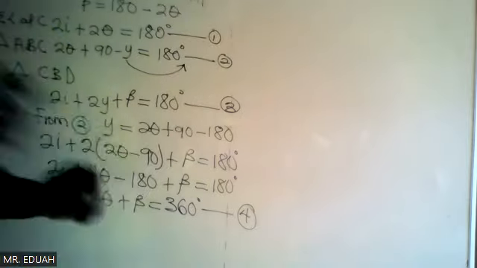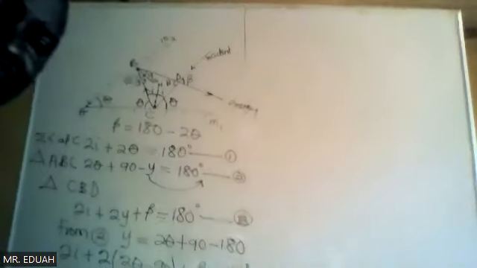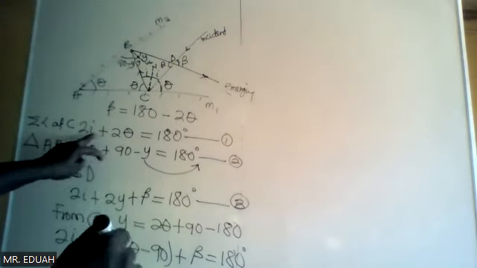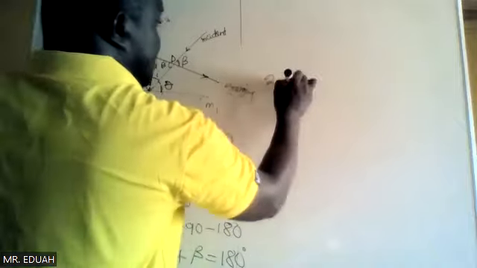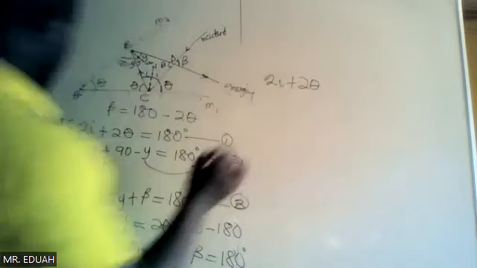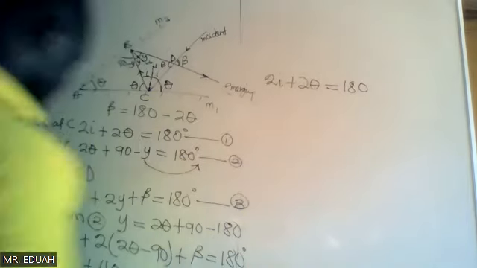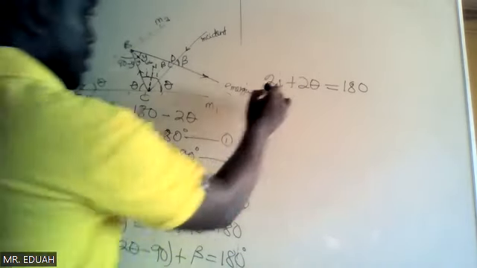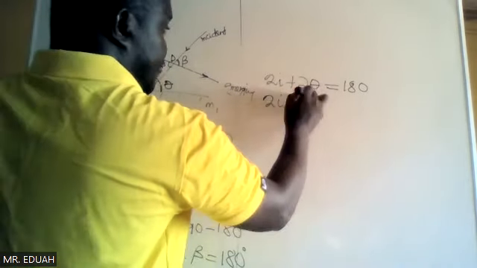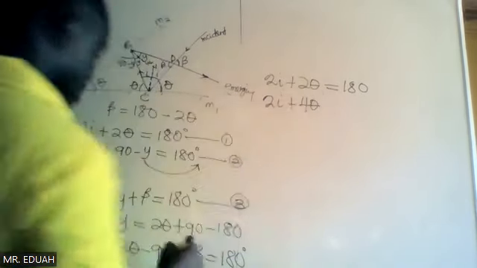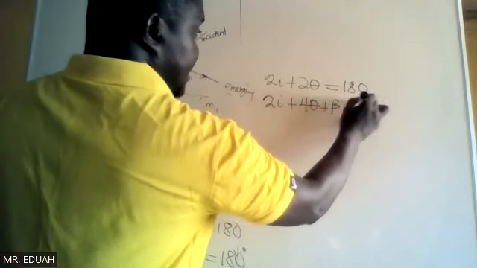Let me rewrite the equations that are left now. We have 2i plus 2 theta is equal to 180. Then equation 4: 2i plus 4 theta plus beta equals 360.